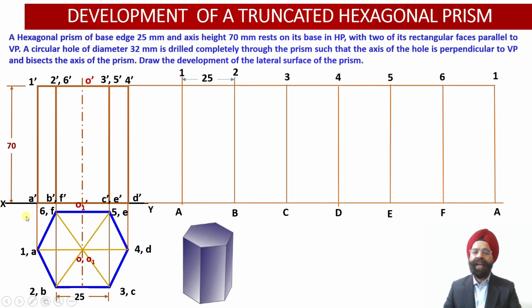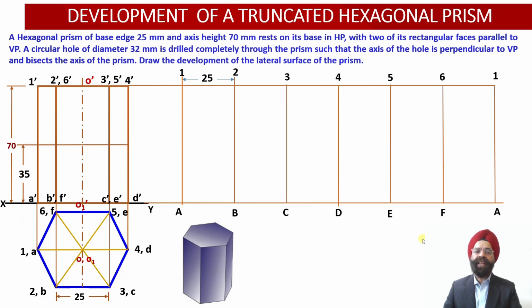So the distance between the successive vertical edges will be equal to 25 millimeter. Starting from 1A, the vertical edges we have obtained are 2B, 3C, 4D, 5E, 6F and 1A over here. Now this is the development of the lateral surface of the untruncated hexagonal prism.